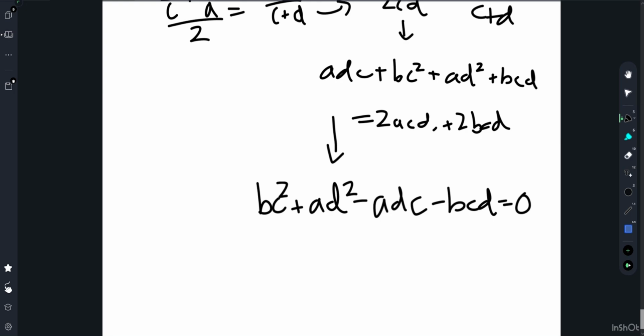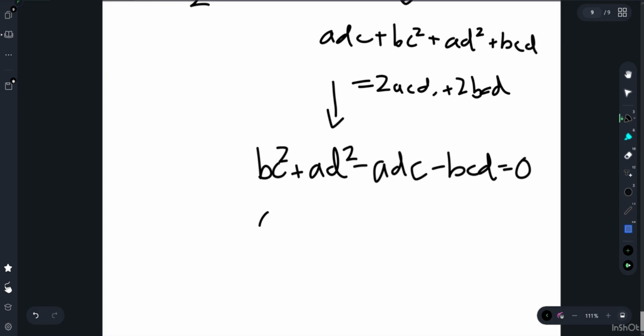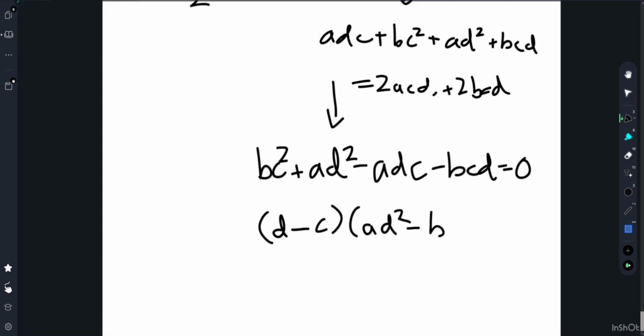What we want to factor out here is D minus C. And so what we notice is that D minus C times, sorry, not AD squared, my bad, AD minus BC. Alright, so this is equal to 0.